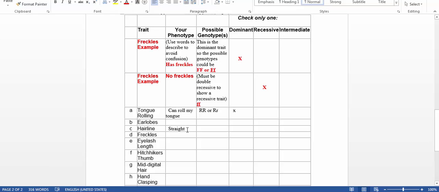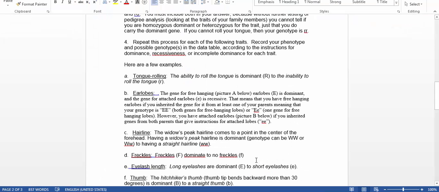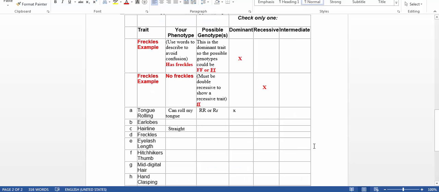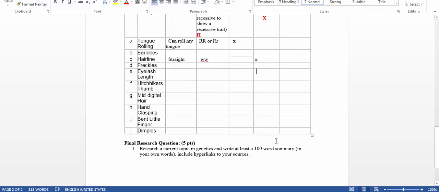It doesn't come down to a little point. And so that, my friend, has to be, oops, what letter did I use for that? Let me go and look. Oh, W. So I'm two little w's. And recessive. All right, so go ahead and finish all this up for yourself.